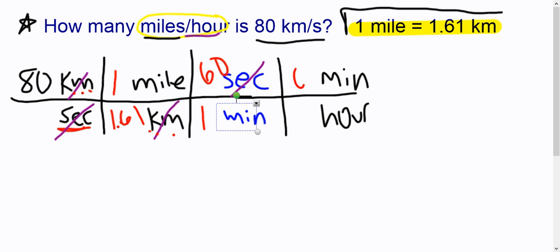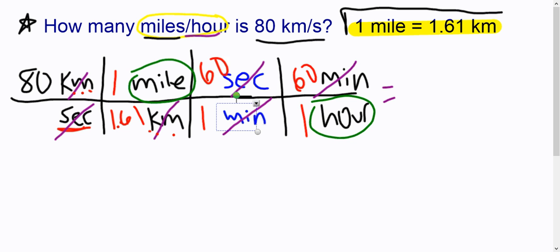Hopefully you know that in 60 minutes there's 1 hour. So in this case now minutes have canceled, and if we were to do all the math here, the only units that wouldn't cancel would be miles per hour because all the other units cancel.